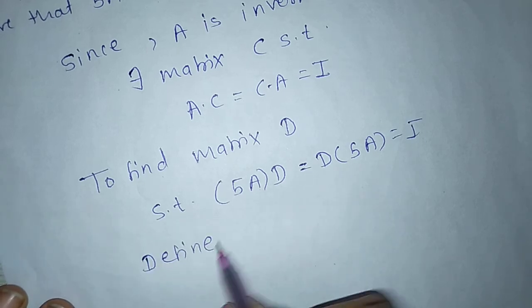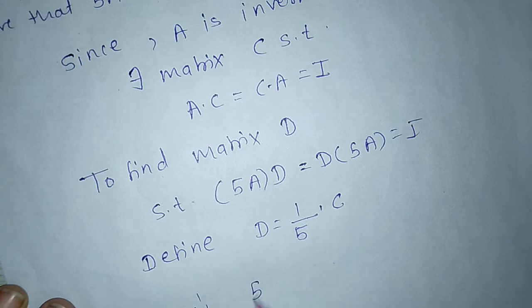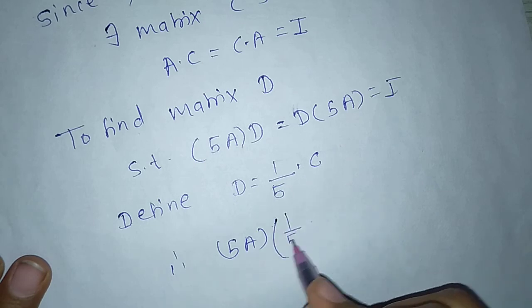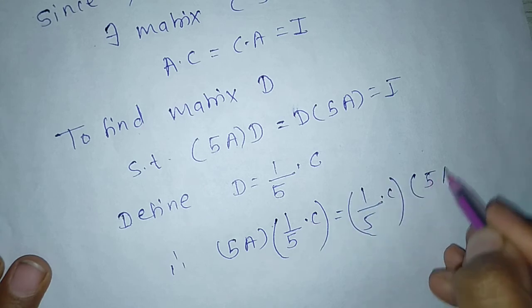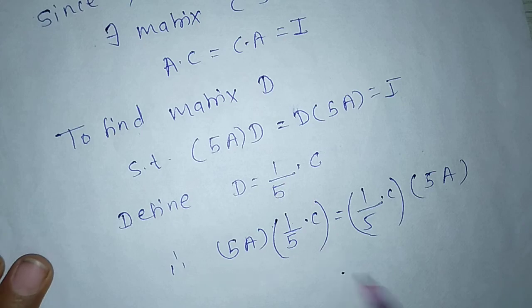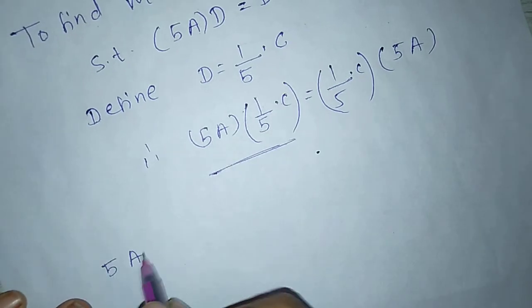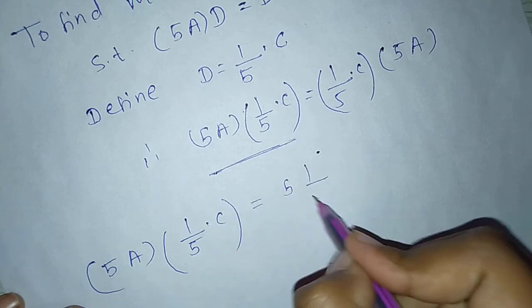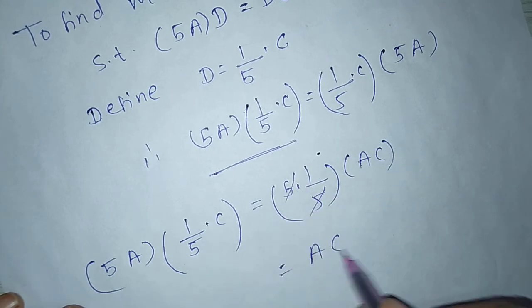Define D equal to 1 upon phi u into C. Therefore, consider phi u A into D, where D is 1 upon phi u into C. Consider only this side: phi u A times 1 upon phi u into C, we get phi u into 1 upon phi u into A into C. Phi u gets cancelled, leaving A into C, which is nothing but the identity.